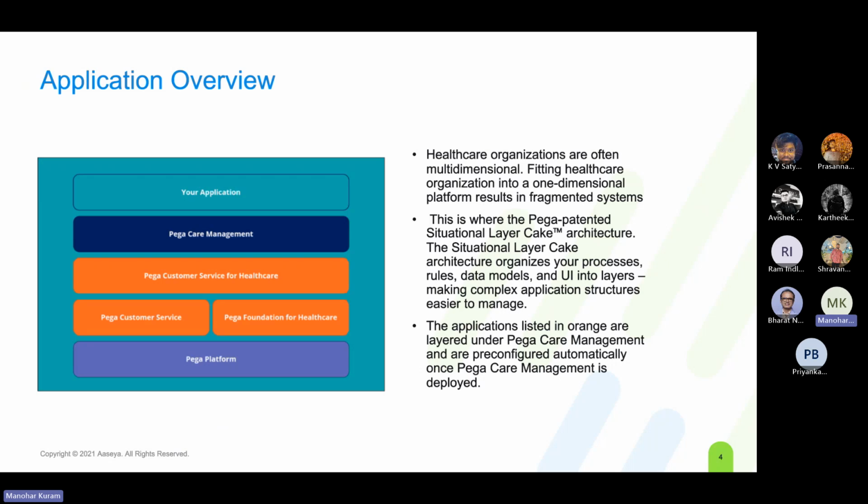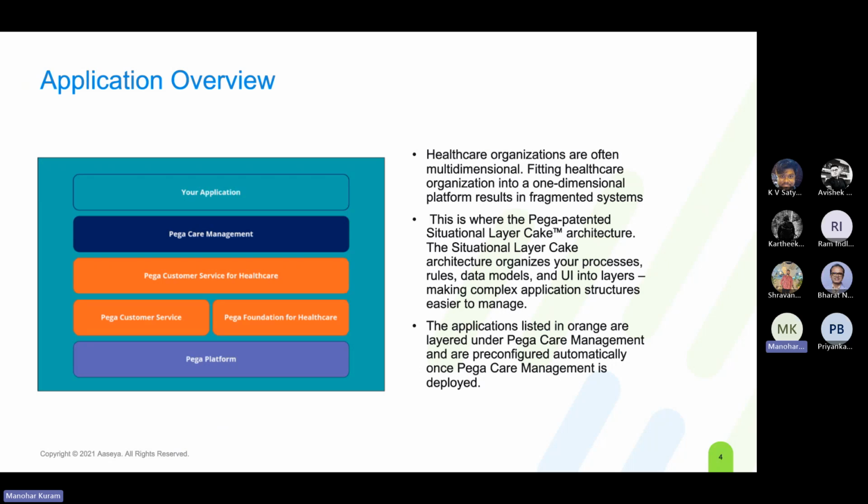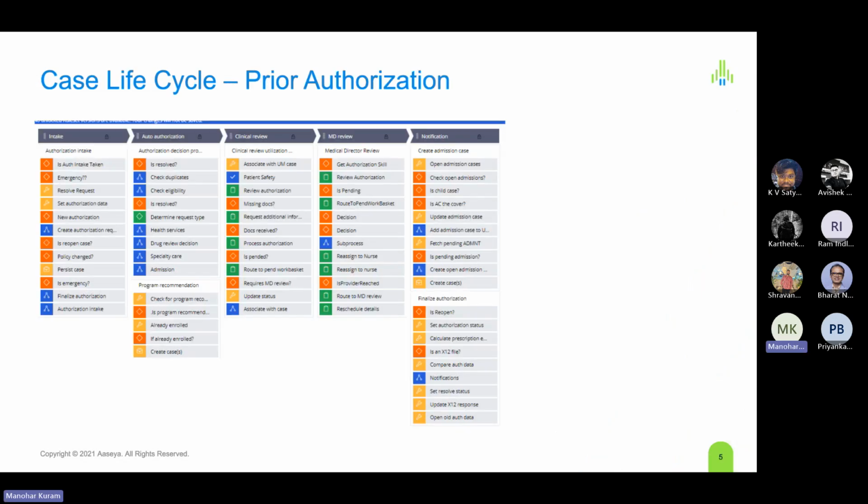As you can see on the Pega platform, we have Pega Care Management, and on top of Pega Care Management, we have the application, which is the prior authorization request. On the high level, this is the case life cycle of prior authorization, where we have intake, auto authorization, clinical review, MD review, and notification.